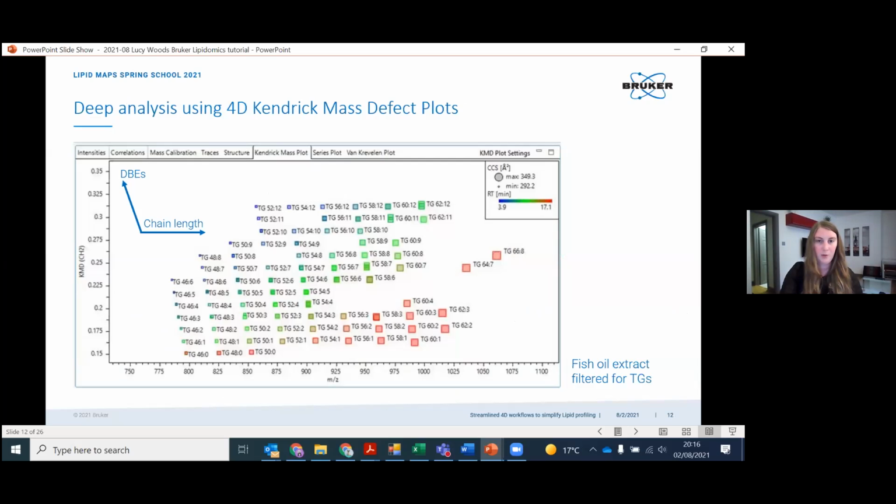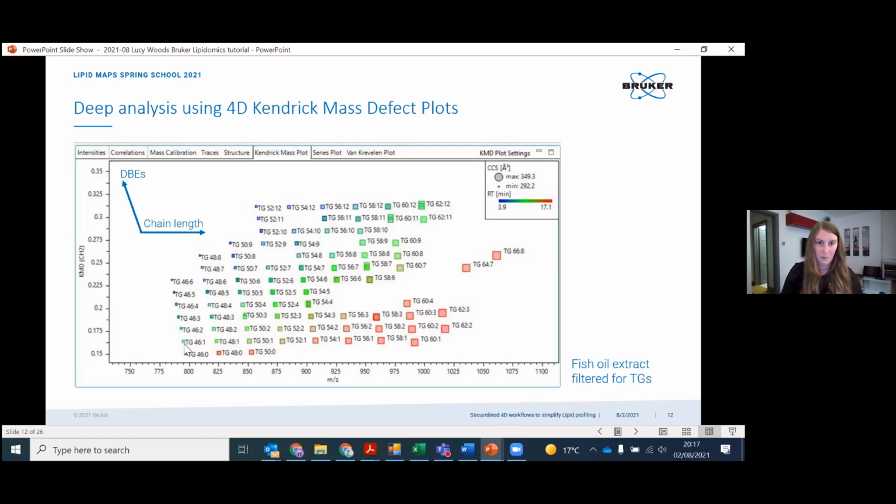So for both MALDI and for electrospray, we're able to further validate different lipid classes by using the functionality called the Kendrick mass defect plot. So what we're doing here is we're looking at a 4-dimensional analysis in which we plot the number of double bonds, which we know are within that lipid class, against the chain length.